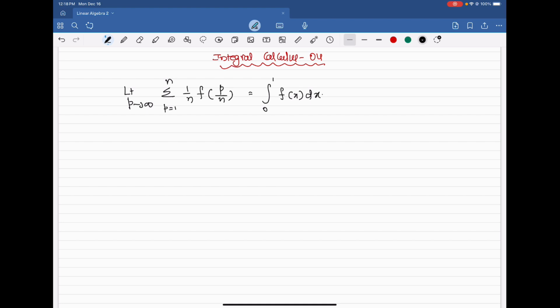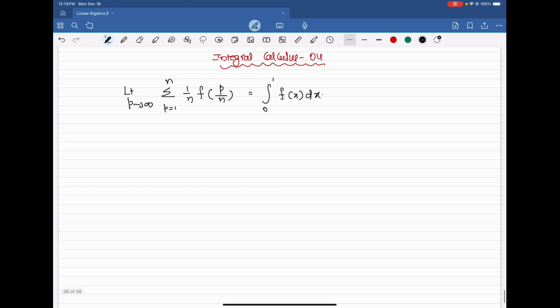Now, to understand definite integrals better, we require a little bit of basic properties to be understood in integral calculus.